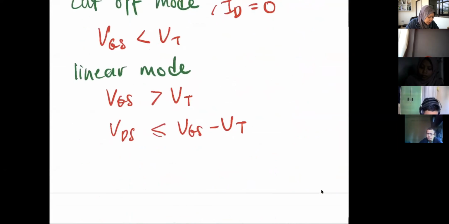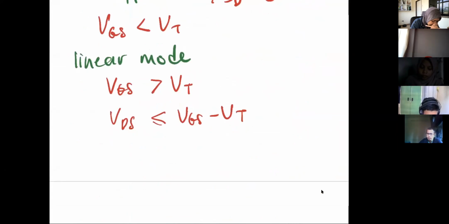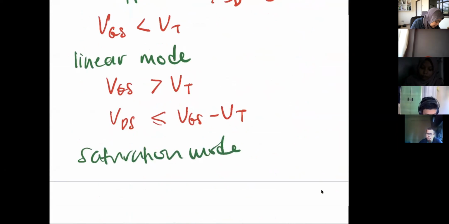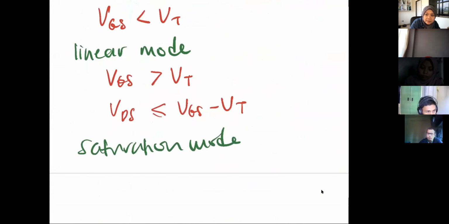So now we are entering the saturation mode. What's the condition for saturation mode? You still need the channel, because saturation mode means you still have current, so there must be an inversion channel.